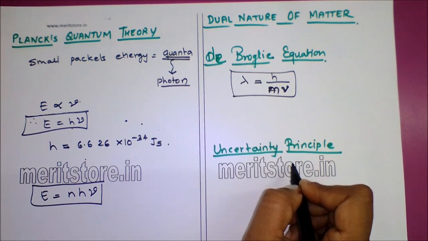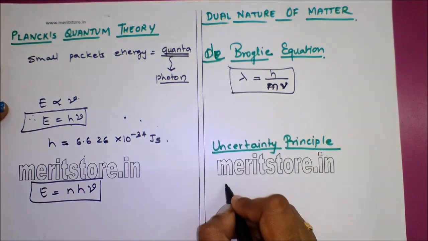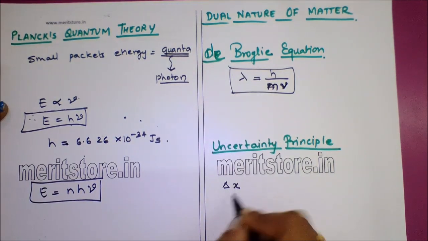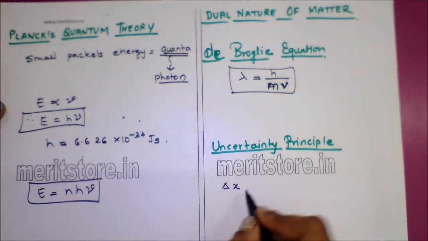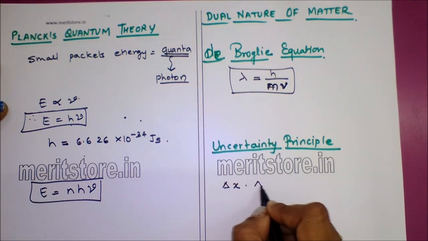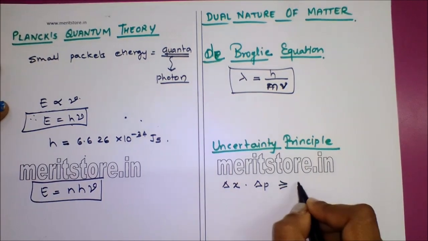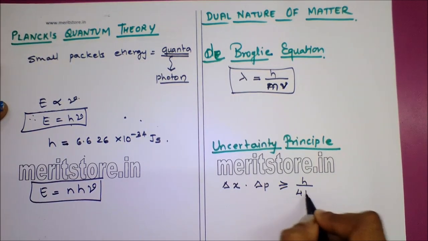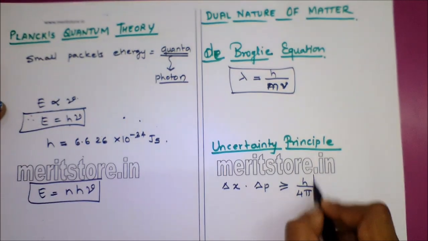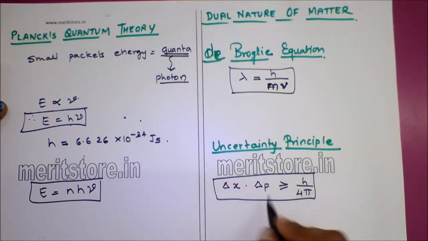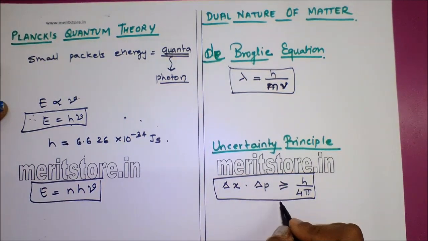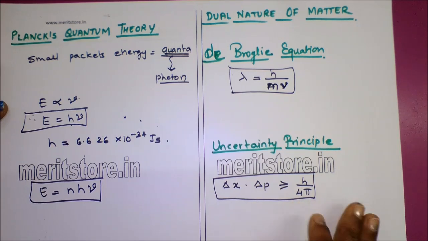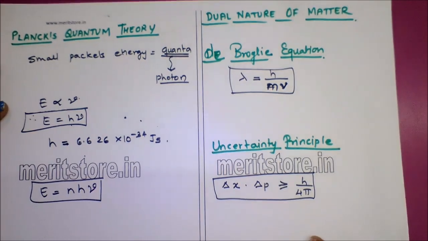Mathematically, the product of the uncertainty in position, denoted by delta x, and the uncertainty in momentum, delta p, is greater than or equal to h upon 4 pi. So this uncertainty can be expressed with this formula. It is to be noted that the uncertainty principle is only applicable to microscopic particles.